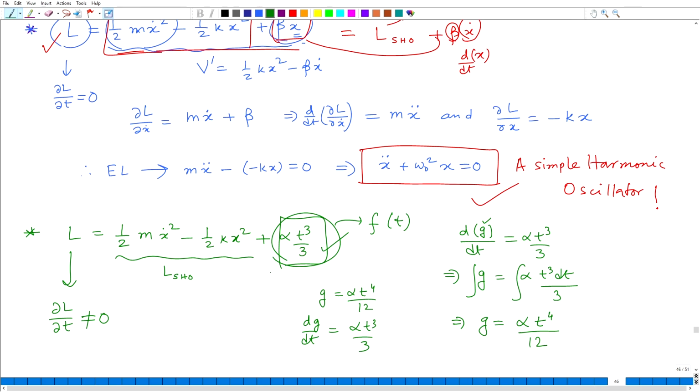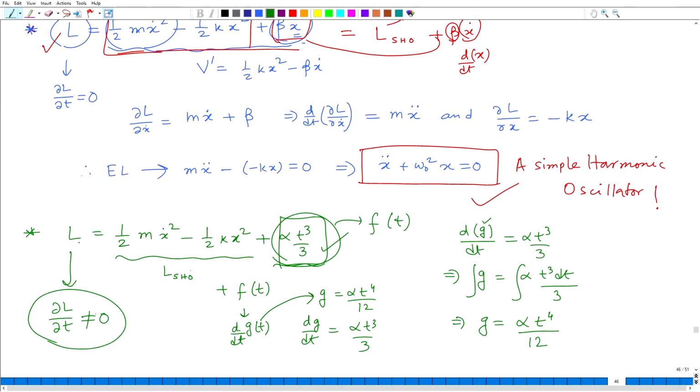So, again here you see this Lagrangian is SHO plus a function of t, and not only that, this is also d/dt of a function of t here, where G is this. Then you say, well, this is the equivalent Lagrangian. So, in one case we saw that the Lagrangian is equivalent to the Lagrangian of a simple harmonic oscillator.